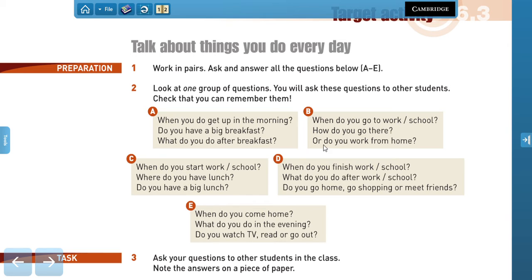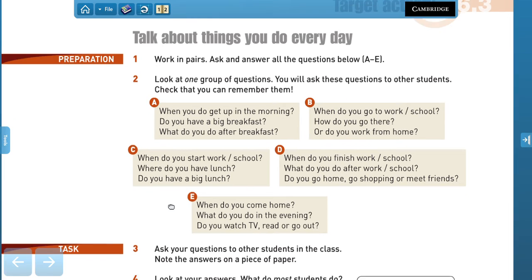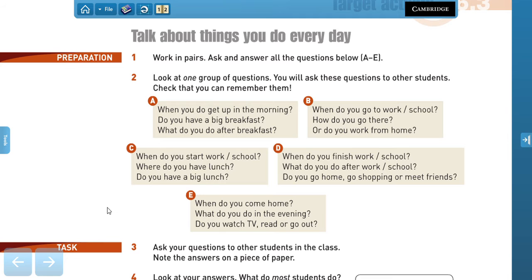Or on weekdays. How do you go there, or do you work from home? At this moment, I think we're all working from home, right? So choose 3 or 4, or you can choose them all if you want, and write complete answers to these questions because I'm going to be checking them on the Aula Virtual.